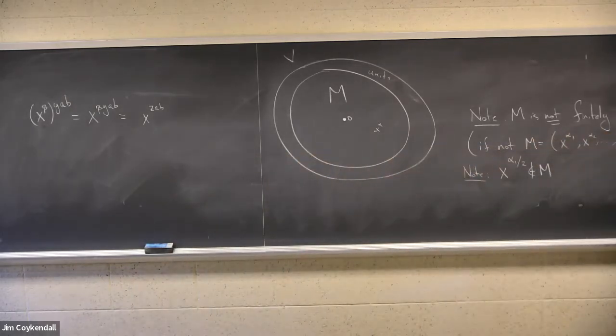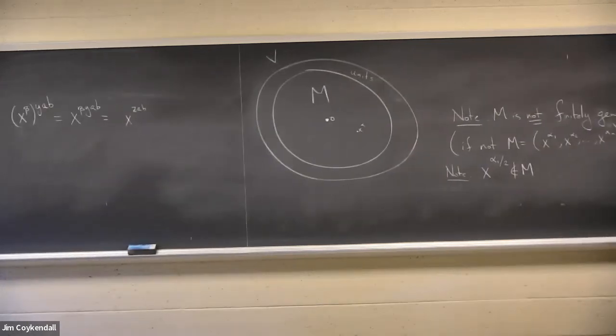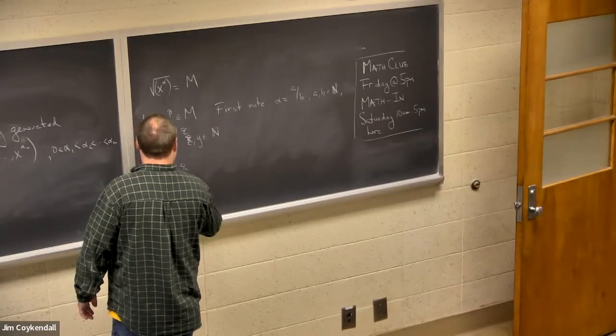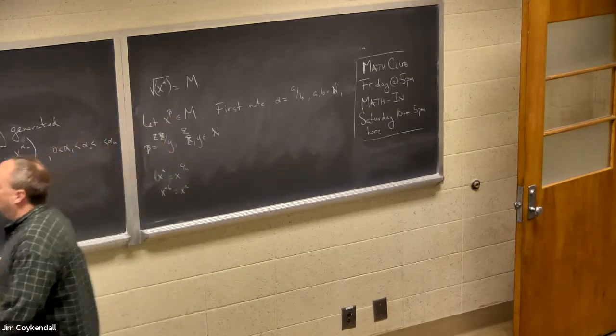So notice x to the alpha equals x to the A over B, so x to the alpha B is x to the A. Okay.